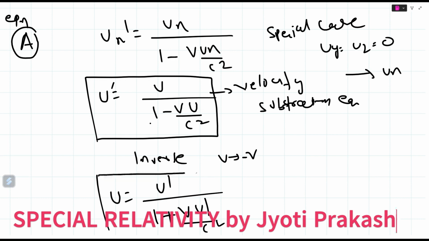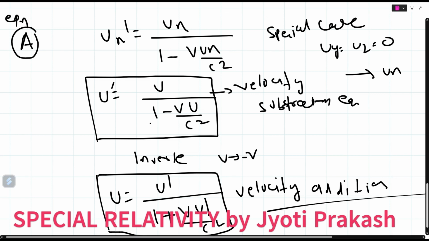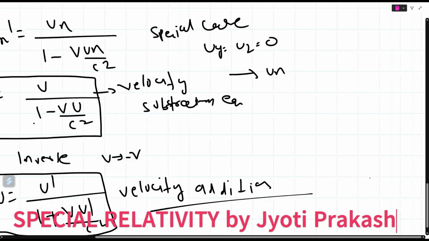So this becomes your velocity addition equation. This way you can derive it for the special case where uy and uz equal 0.